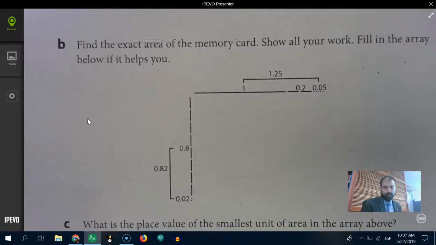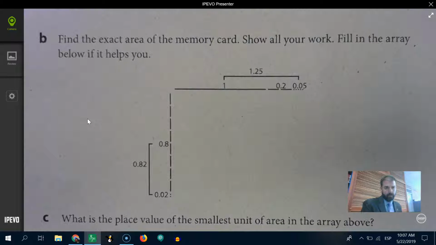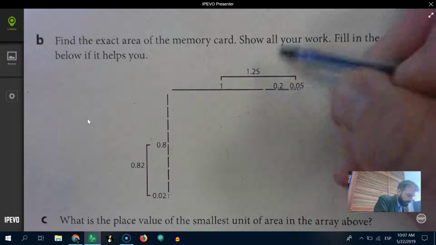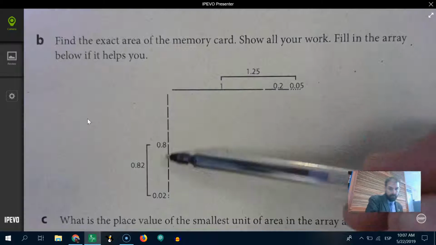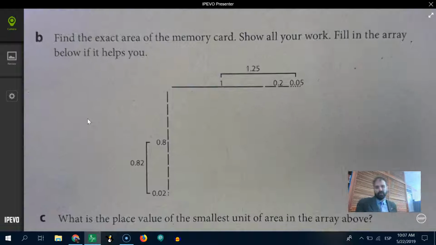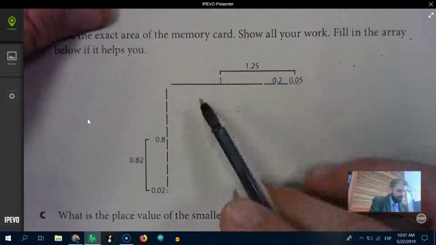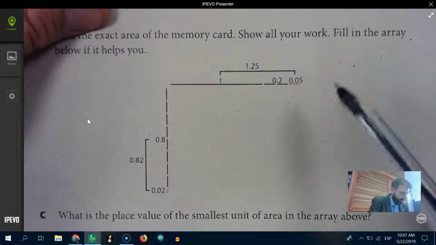Find the exact area of the memory card. Show all of your work. Fill in the array below if it helps you. So you didn't need to do this, however, I do like these a lot. So these are my pieces here, the rods and pieces.